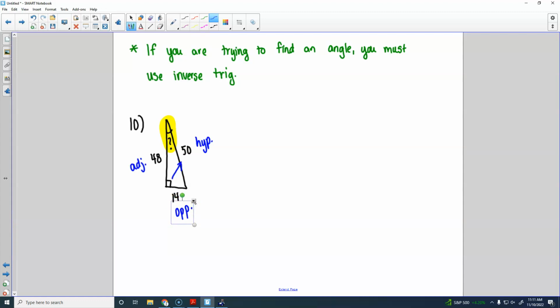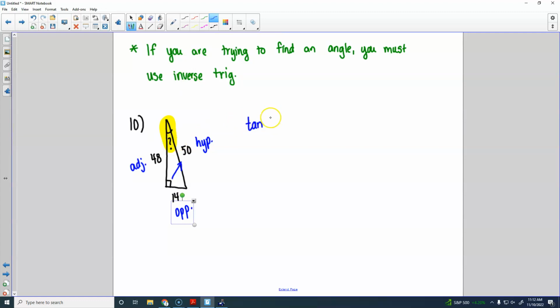Now, because I have given you all three of the sides, you could use sine, cosine, or tangent. It does not matter which one you pick. You can just pick your favorite one. We have not used tangent yet, so I think I will just use tangent, right?